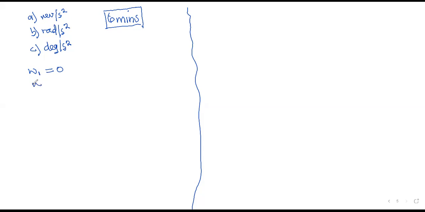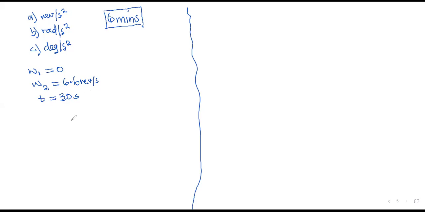So omega 2 is 6.6 rev per second, RPS, revolution per second. This is within a time of 30 seconds. So we are to calculate the angular acceleration during the time interval in these 3 areas.